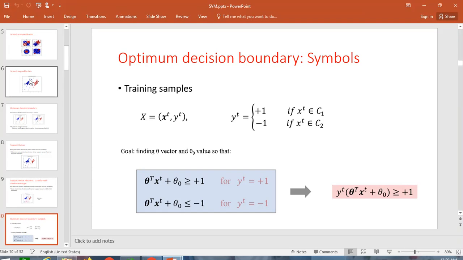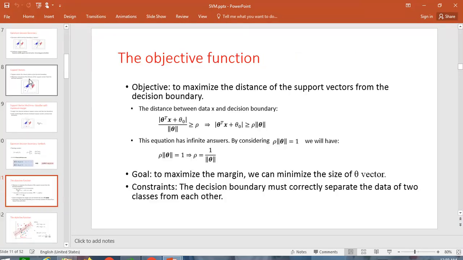We have already said what the decision boundary line equation is. You can see that the concept is better understood by naming the classes positive and negative. It is as if we have a margin equal to 1 on both sides of this border.